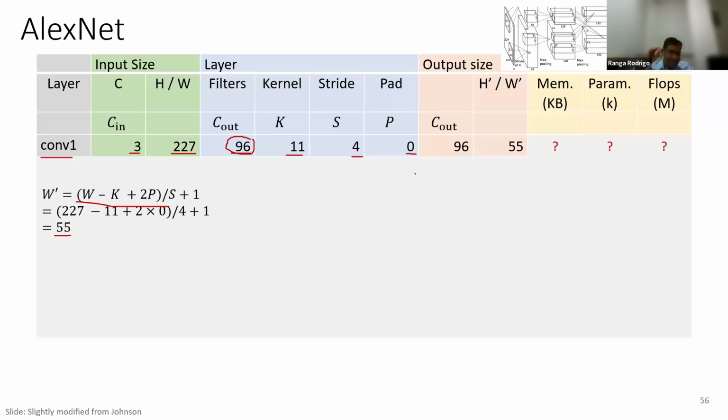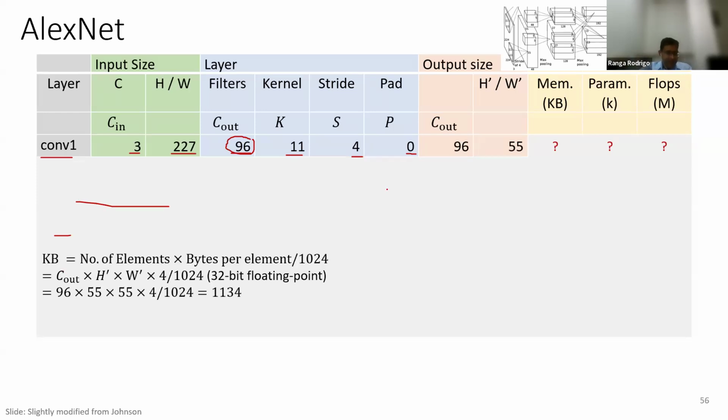And then let's compute how much memory is required to hold this output tensor. To compute that, we have to consider the size. The size is the number of elements times bytes per element, divided by 1024 to convert it to kilobytes.